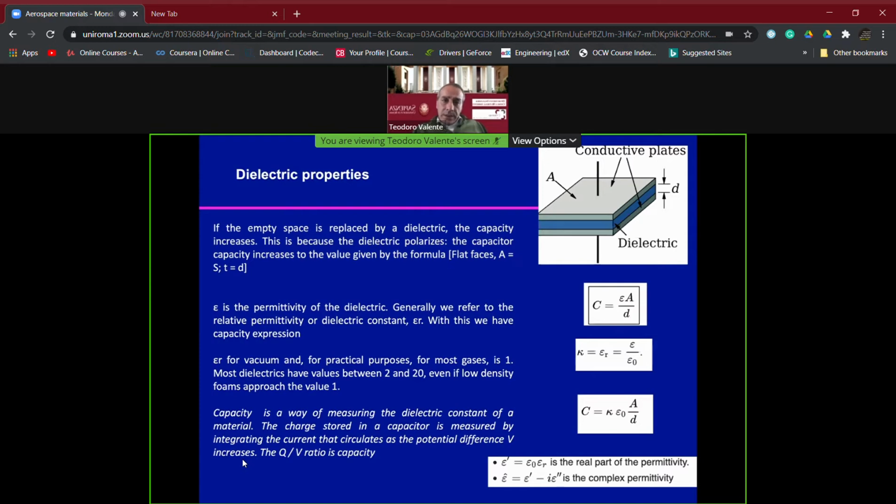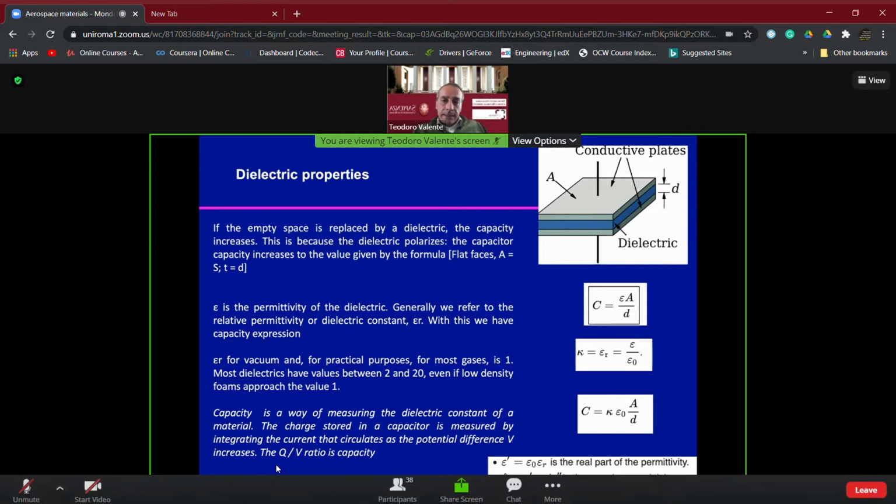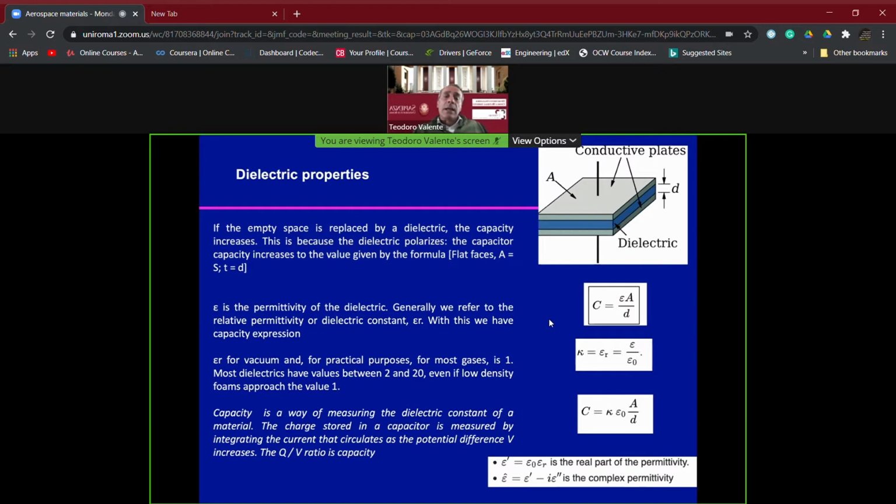Then this concept of the permittivity is not only used when we have continuous current, but it is used as one of the properties of materials in this area when we superimpose, for example, a potential difference V which is varying with time in a sine or cosine way, that is in the presence of oscillating charges.